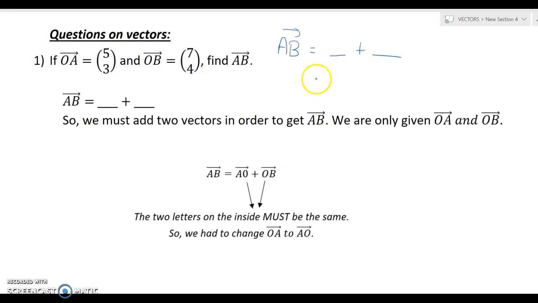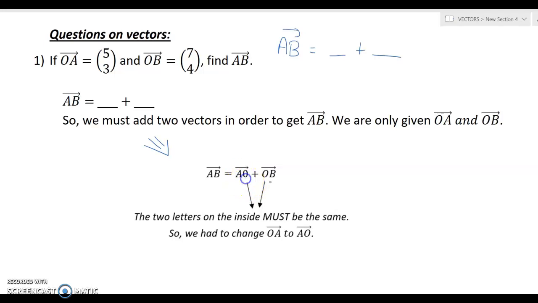Well, in this particular question, you're saying we have OA, we have OB, let's add OA and OB. Yes, we have to use OA and OB, but we have to be very particular about how we place our letters. You see these two letters on the inside, they must be the same.